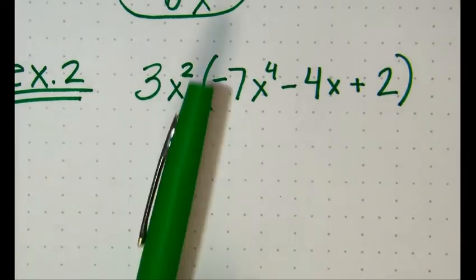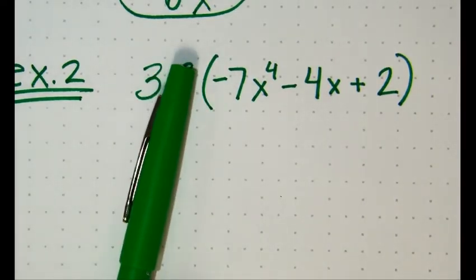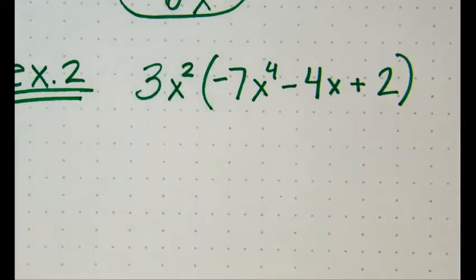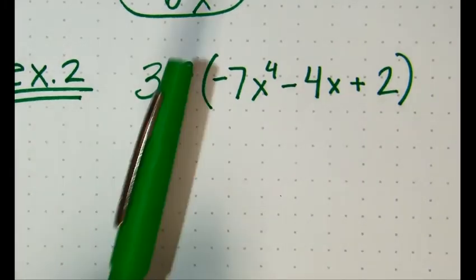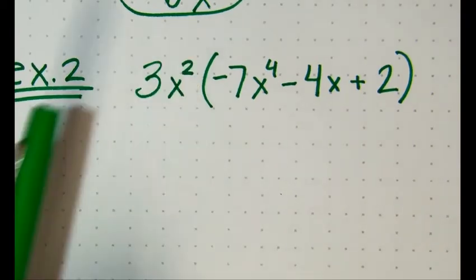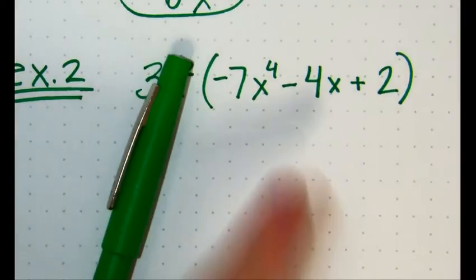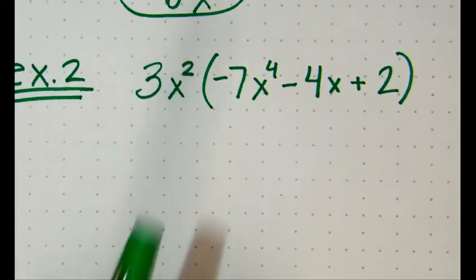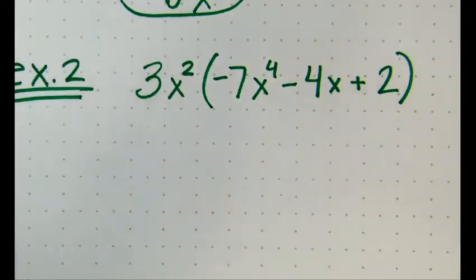If you didn't have the x squared there, if it was just a 3, that would be distributive property, right? We've distributed tons of times. So if it was just 3, I would multiply 3 times negative 7x to the 4th, 3 times negative 4x, 3 times 2, right? Little bit of a longer expression than what we're used to doing, but you could do it. The process is the same when we have 3x squared.